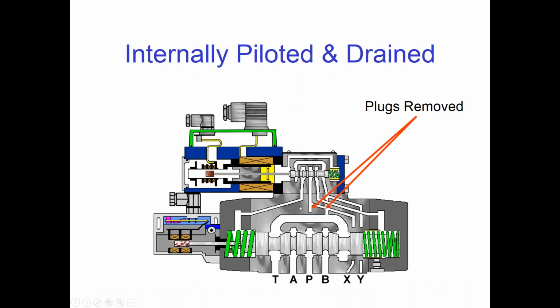So we have our plugs removed, and now our valve is going to be internally piloted and drained. Plugs are gone, and so pilot pressure gets delivered here, and oil that drains from the pilot valve drains out here.